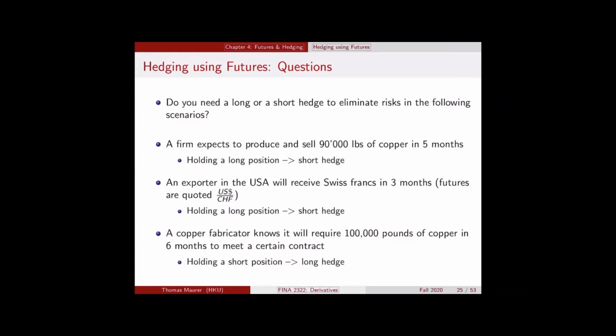So that means right now it holds a short position in copper, and therefore it is a good thing to take a long position in the futures market, which will have a positive payoff if the copper price increases, and therefore offsets the higher amount which the fabricator has to pay to buy the copper. Or in other words, it locks in the price at which the fabricator can purchase that copper. So here we have a long hedge.